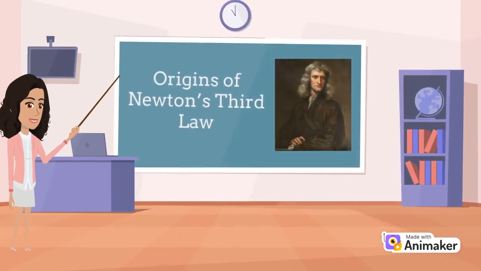Isaac Newton developed the third law of motion based on careful observation of how objects interact and earlier foundational work. Throughout his experiments, Newton noted that whenever one object exerts a force on another, the second object exerts an equal and opposite force in return.